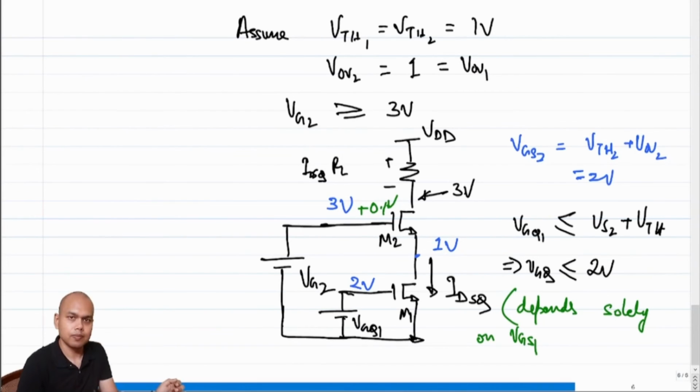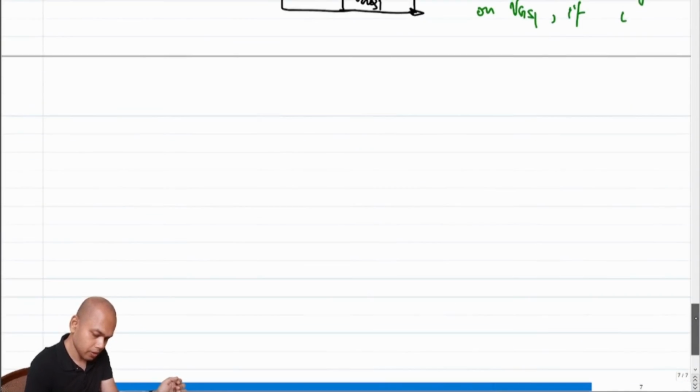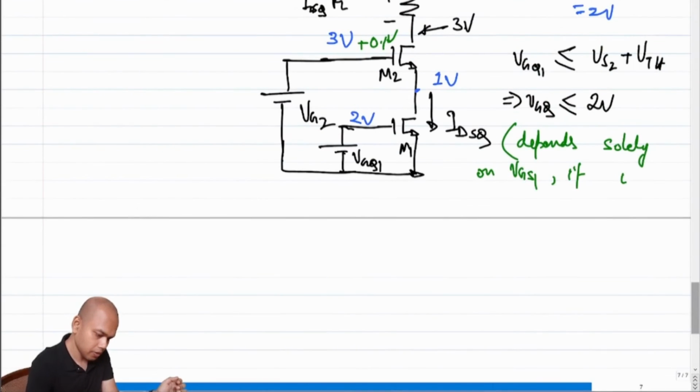VGS1, correct? So if we neglect channel length modulation, if CLM is neglected, right?